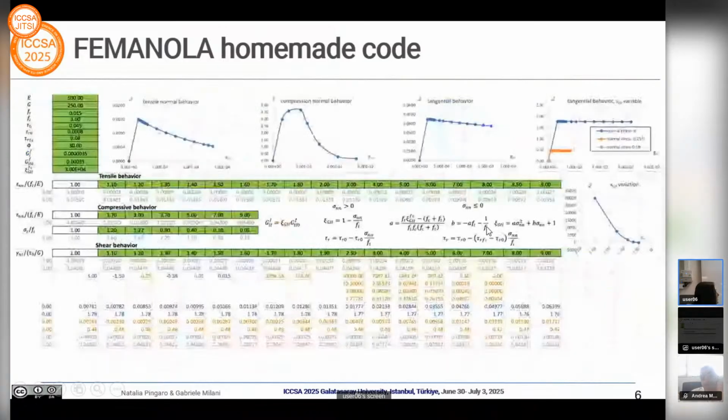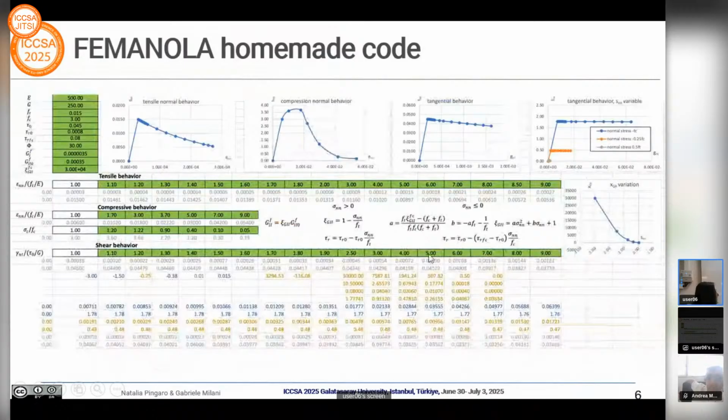It is interesting to let you know that the parameters needed to set the input by the user can be simply inserted in a user-friendly Excel spreadsheet, which is directly connected to the MATLAB nonlinear finite element software, as it is possible to see here in the slide.